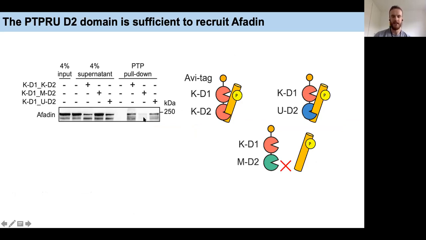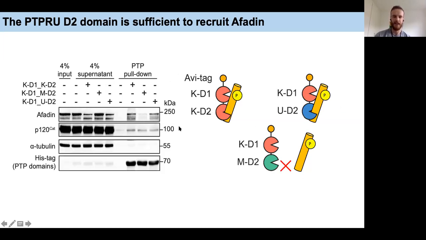And it had been suggested in previous interactions that PTPRU can bind afadin, and we were actually able to confirm that. So in our pull downs where we have the PTPRU D2 domain, we see this nice interaction with afadin. In comparison, this other PTPRK substrate is also a junction regulation protein, p120 catenin, and all three of these constructs were able to bind this.